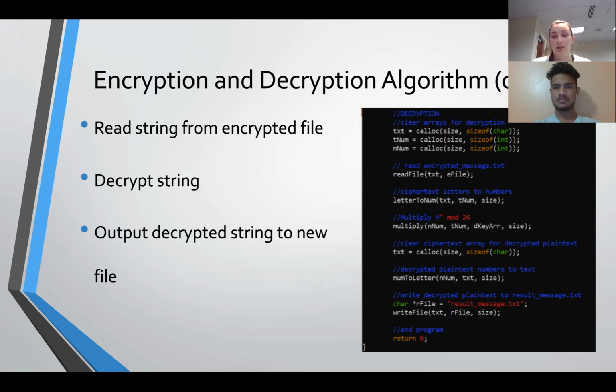So now that those are empty, we were able to use the read file function to fill our text array up with the encrypted message. And then we used the letter to num, multiply, and num to letter functions in order to decrypt it. Then we output the decrypted string into a new file, which in this project is result message.